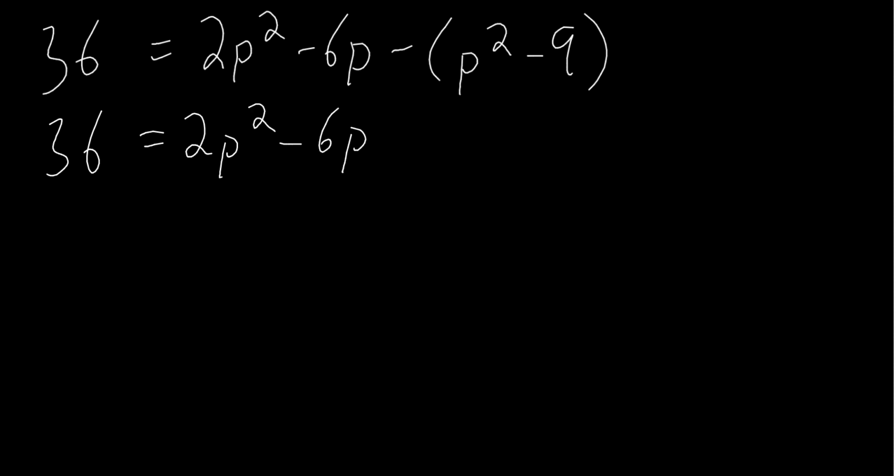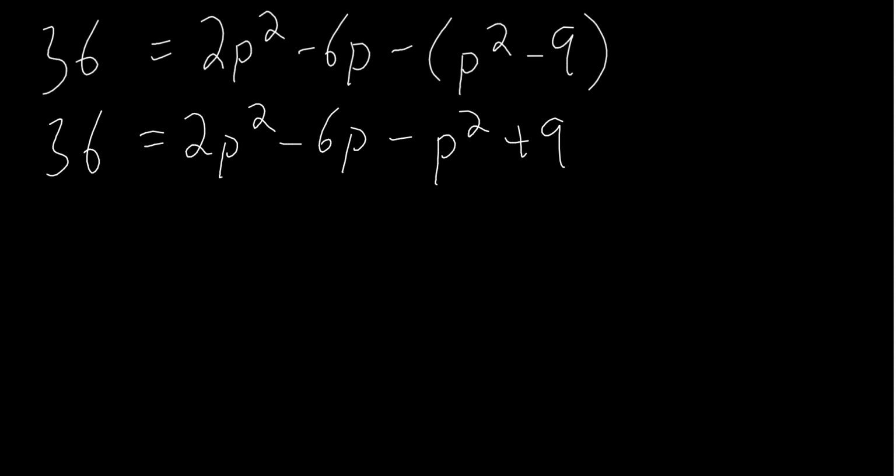And this minus sign in front of the p squared minus 9 is basically a negative 1 getting distributed through. So negative 1 times p squared is minus p squared, and negative 1 times negative 9 is plus 9.